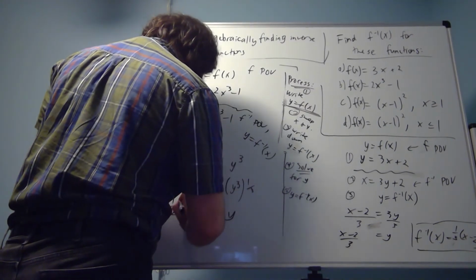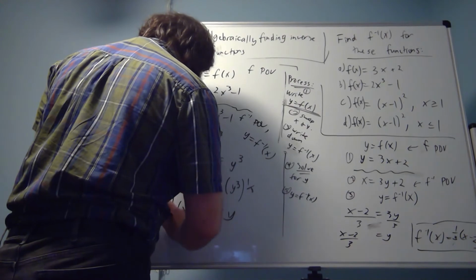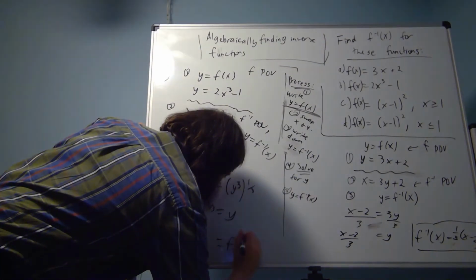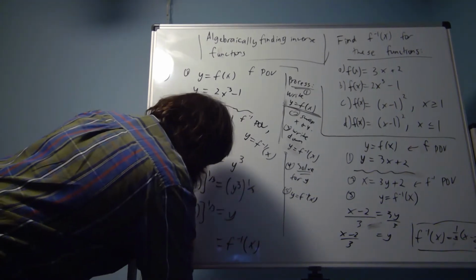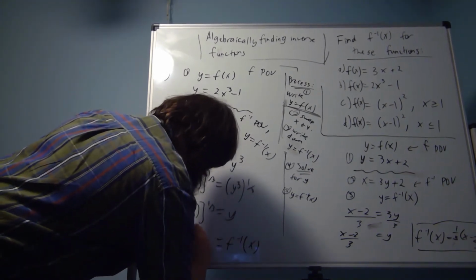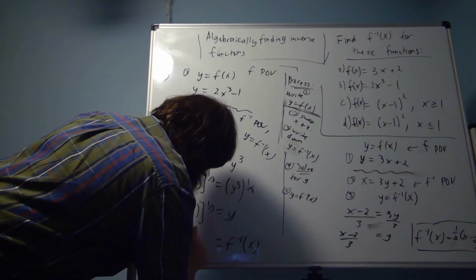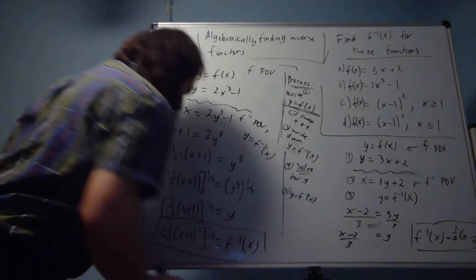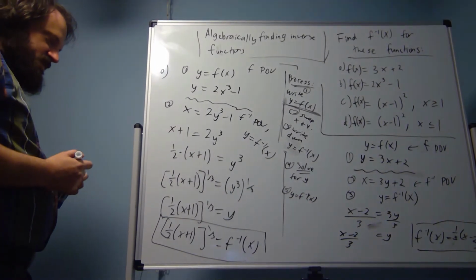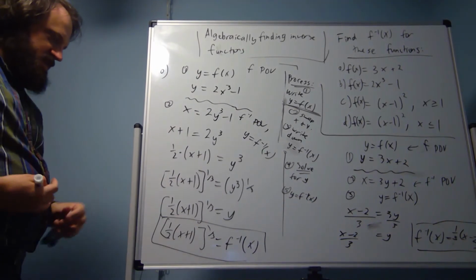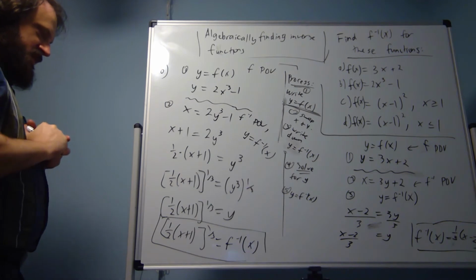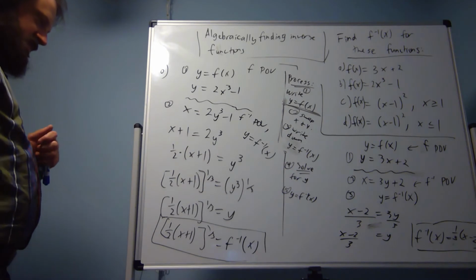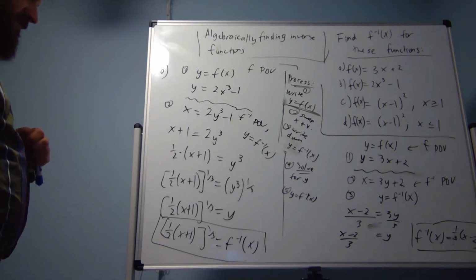And so we get y equals (1/2 (x plus 1)) to the 1/3. And that thing's also called f inverse of x. So you could use cube root notation, you could use the fractional exponent notation, the 1/3 power accomplishes exactly the same thing, cancels out the cubed on the y, and you get the final answer.